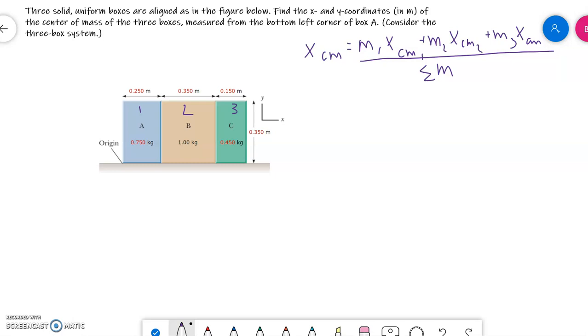So the location of the center of mass we want to take with respect to the origin. If our box is uniform, the center of mass would be in the center of that box with respect to the origin.